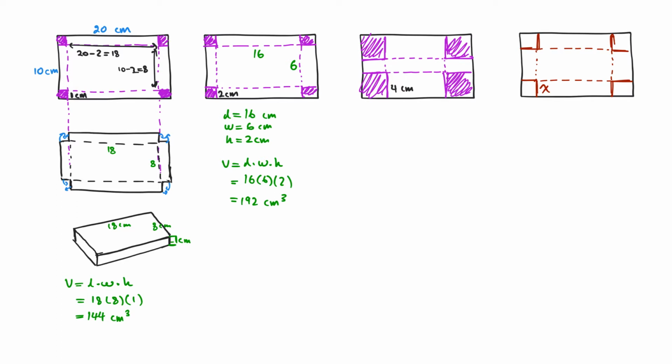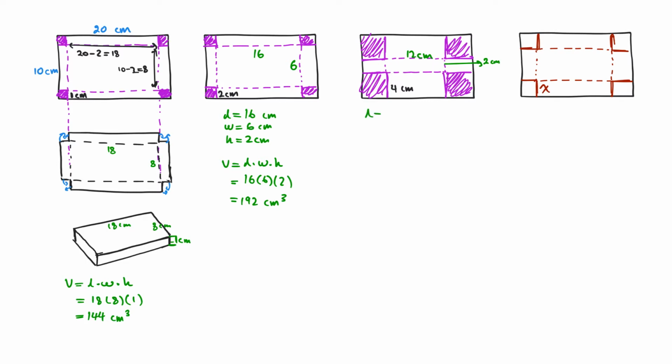For the next one, the horizontal section is 20 minus 4 minus another 4, because there are 2 cutout lengths, and that would give me 12 centimeters. And this length over here, which is kind of my width, is 10 minus 4 minus another 4, which is 2 centimeters, and my cutout length is 4 centimeters.